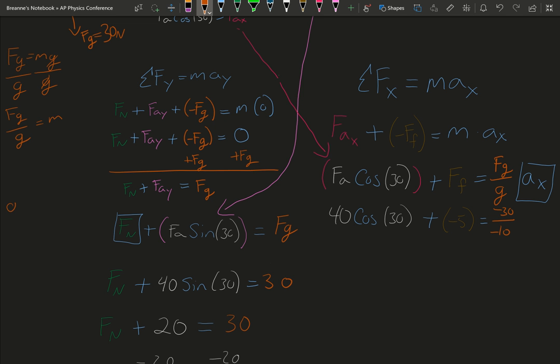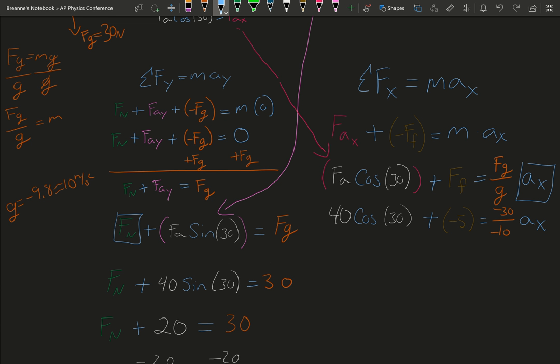Yes, I understand that the acceleration due to gravity is -9.8. We're just rounding it to 10 to make math easier. And we're looking for our acceleration.